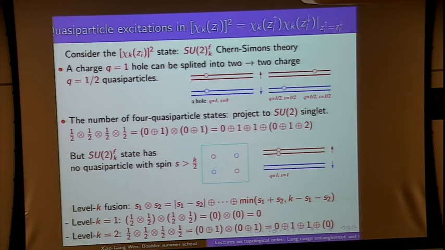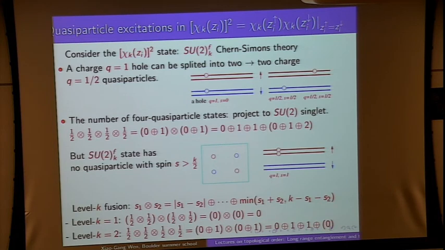This degeneracy is spread between those particles, because it cannot be viewed as an internal degree of freedom of each particle. This is a simple way to compute the degeneracy with how many particles. Again, it's not a full calculation, but it does convince us that this wave function is non-abelian, with this particular SU(N) level K non-abelian statistics.